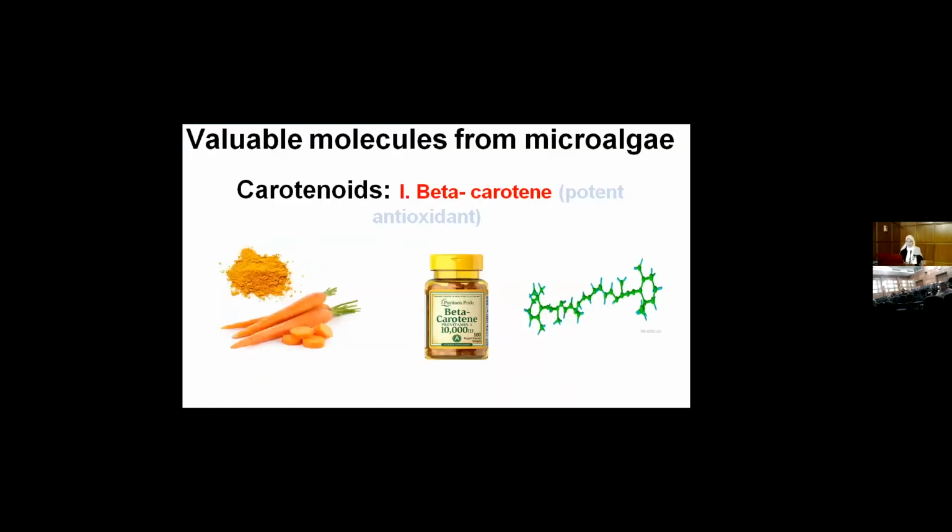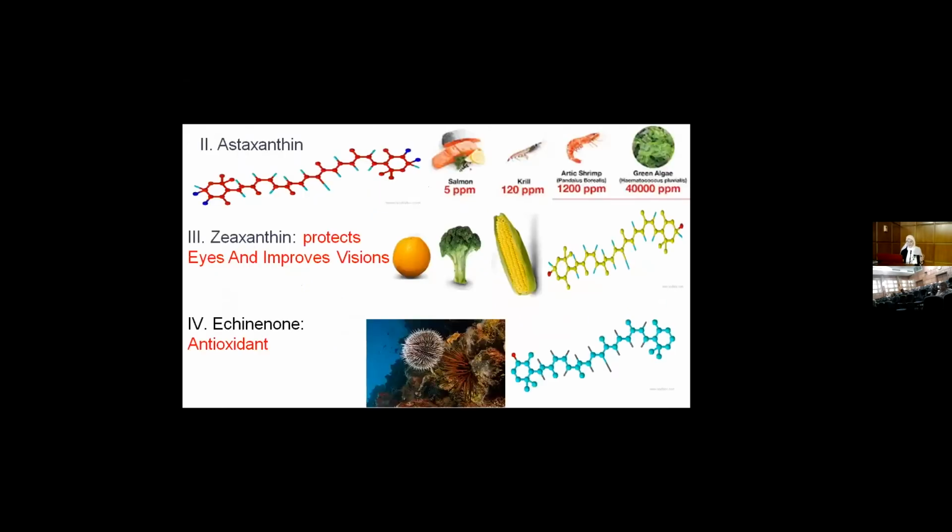The valuable molecules from microalgae. We can find carotenoids. The first one is beta-carotene, and the astaxanthin, the zeaxanthin, and echinenone.